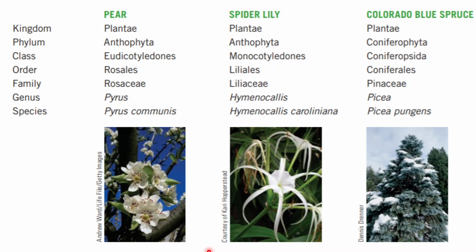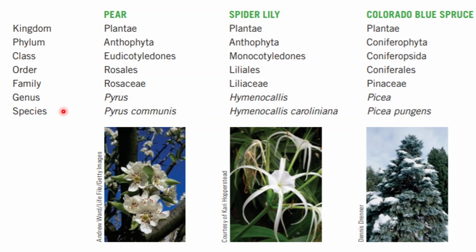Classification is hierarchical. The narrowest category in the Linnaean system is the species. So the species here is the most narrow, and the broadest is the kingdom. Kingdom is Plantae for the plants. Closely related species are grouped in the next level of classification, the genus, and the genus comes after the species.